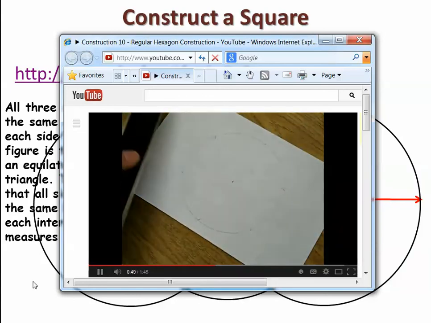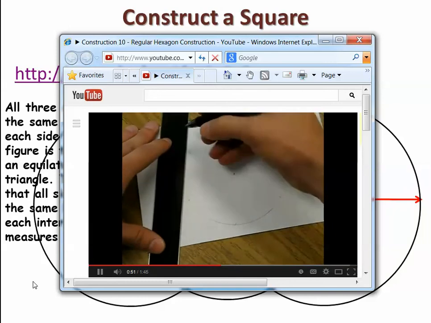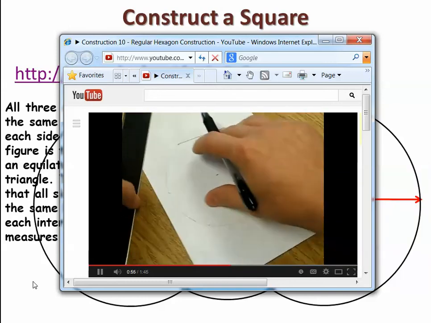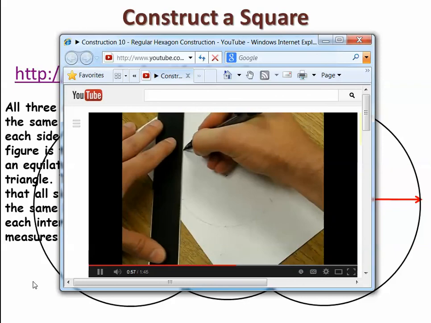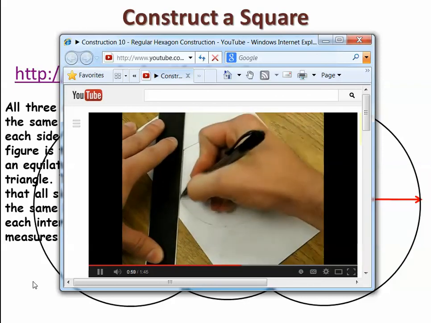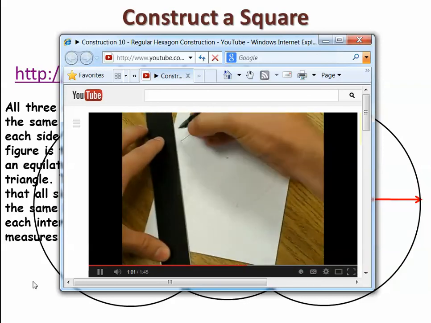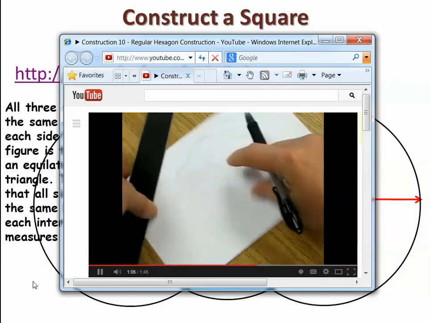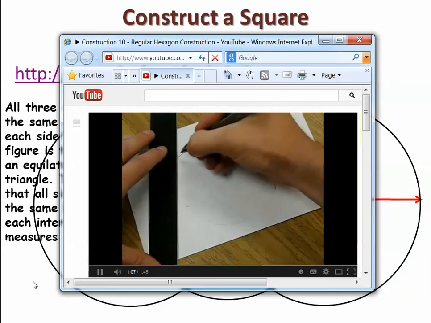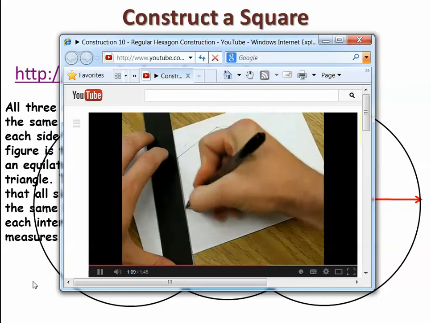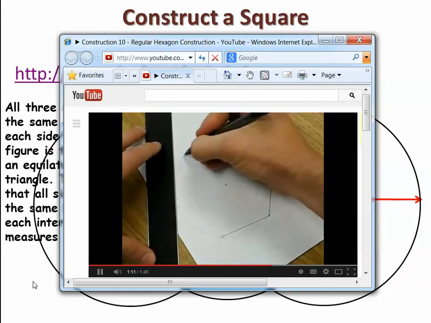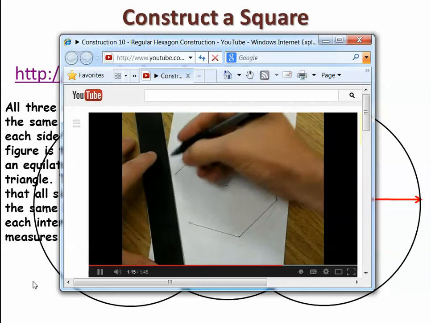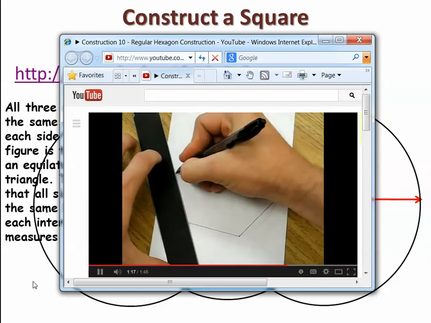Alright, now we can use our straight edge to connect those 6 dots. And you will end up with a regular hexagon. 1, 2, 3, 4, 5, and last one, 6.